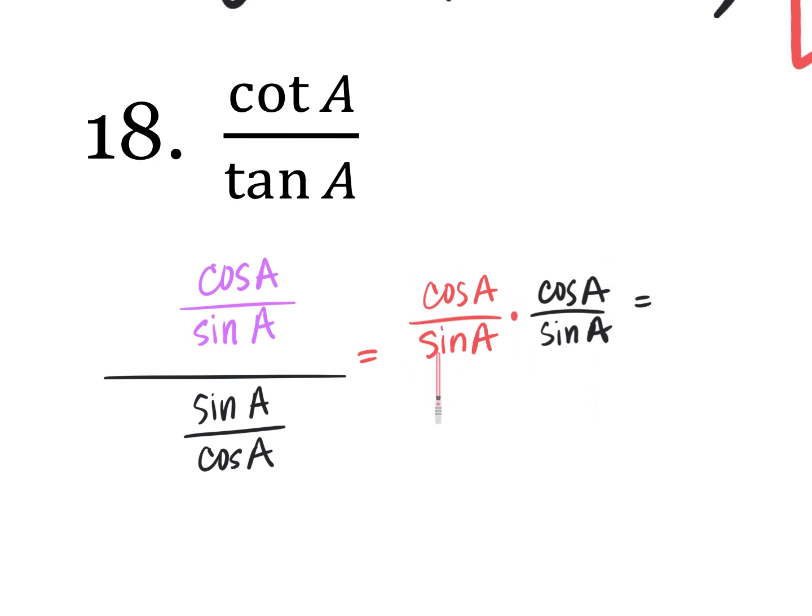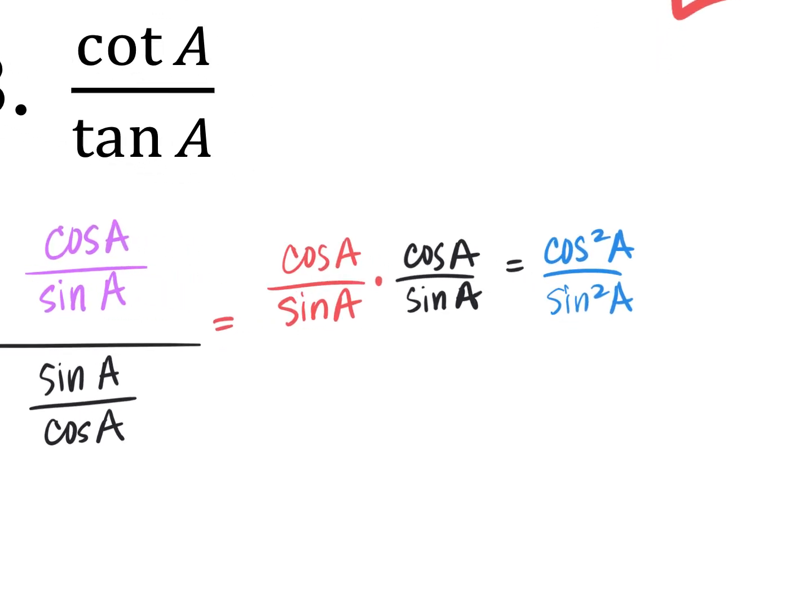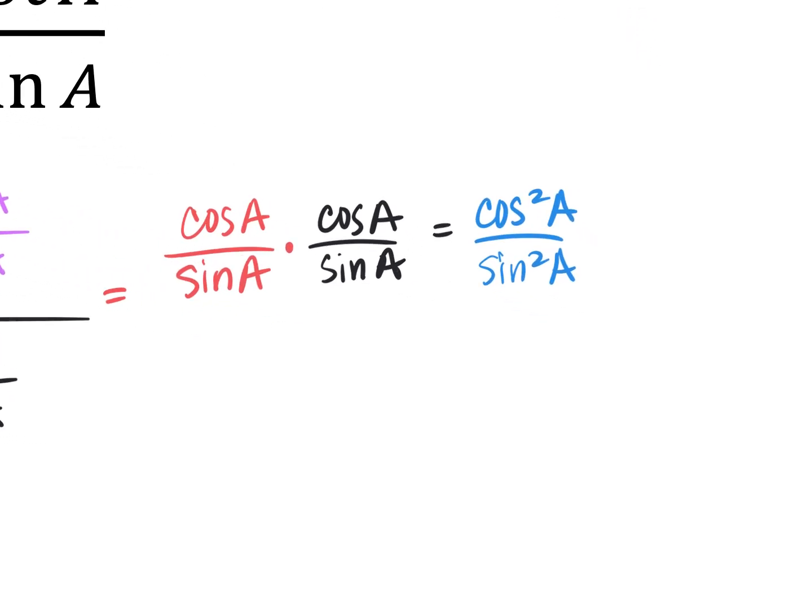No, right? So let's just multiply straight across. Cosine times cosine, cosine squared. Sine times sine, sine squared. What is cosine over sine? Cotangent. So therefore, what would cosine squared over sine squared be? Beautiful.